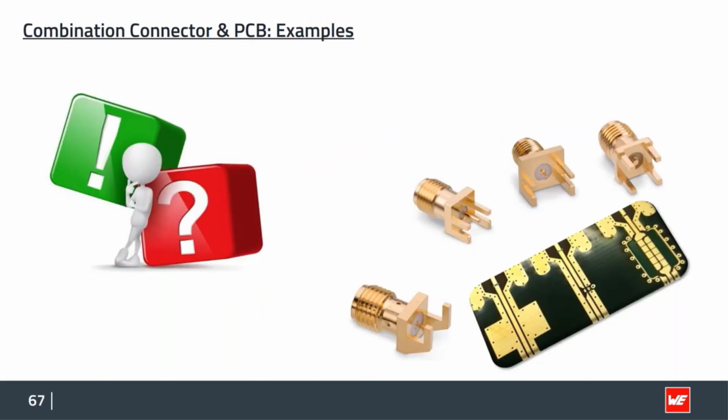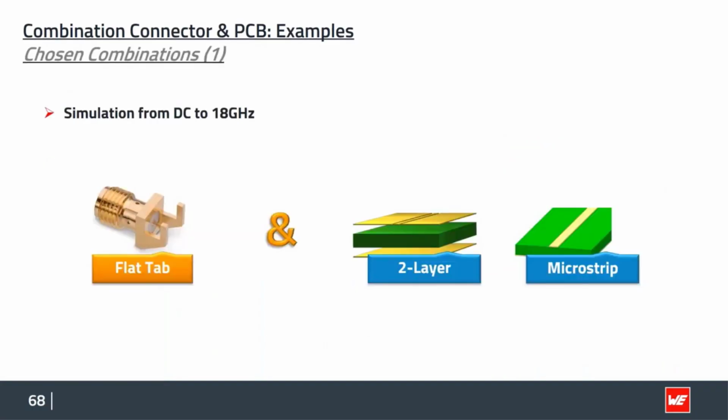So what are the steps to do? Let's start with the first one. We take the one we saw in the beginning with the hooks and the flat tap on a two-layer system with a microstrip. This we will do in three steps. We take first the PCB datasheet layout, and then we try to optimize it step by step.